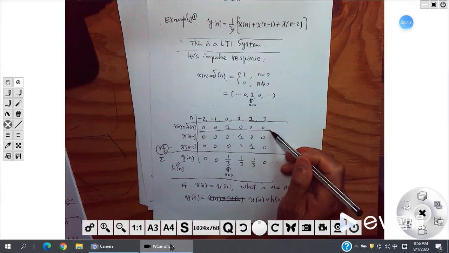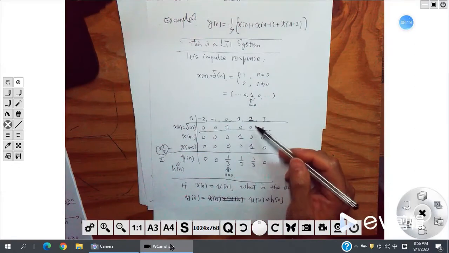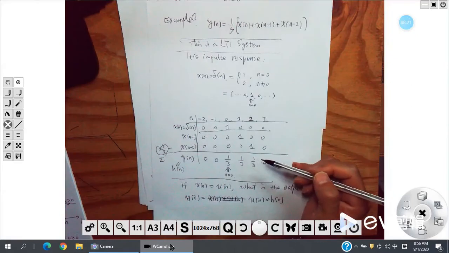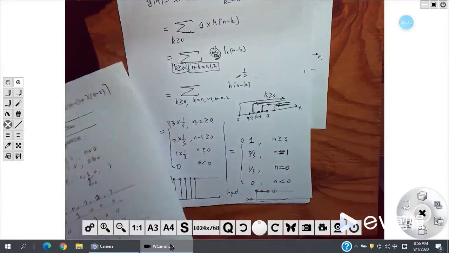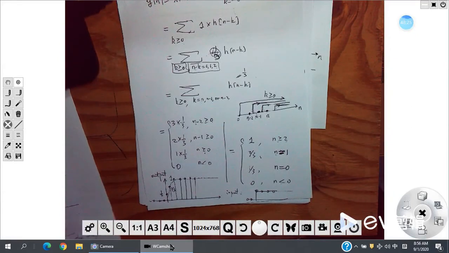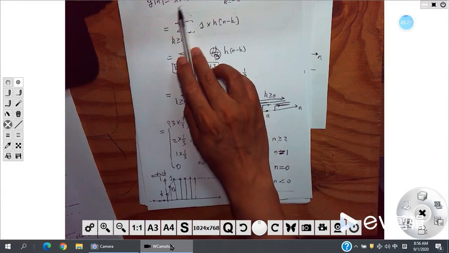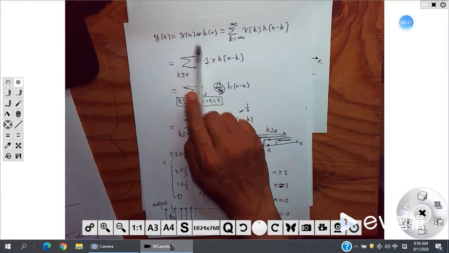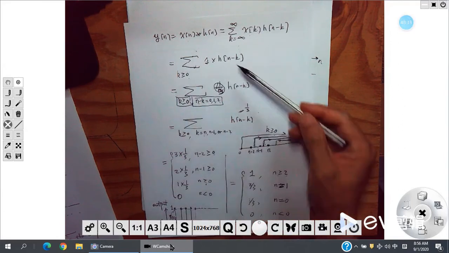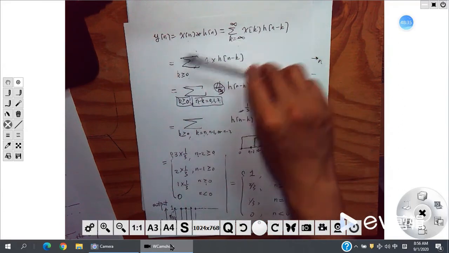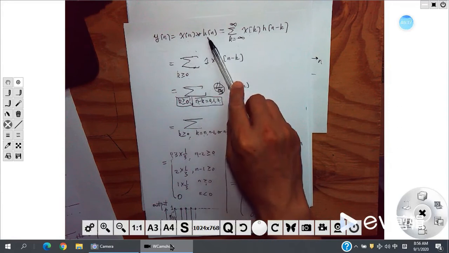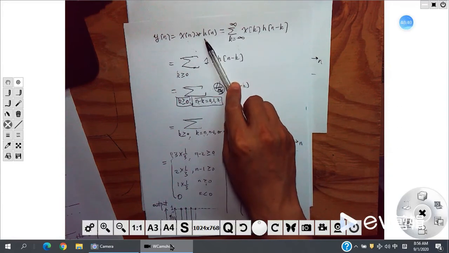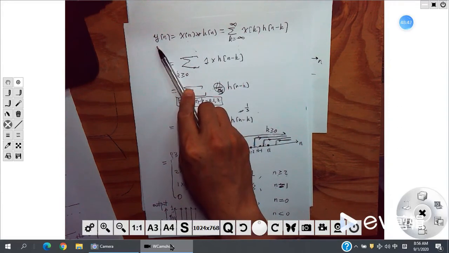It's a delta. So you can do this very easily. And then for some other given input, like now x is a unit step, you follow the formula, the input convolved with the impulse response, and you can find the output. Alright.